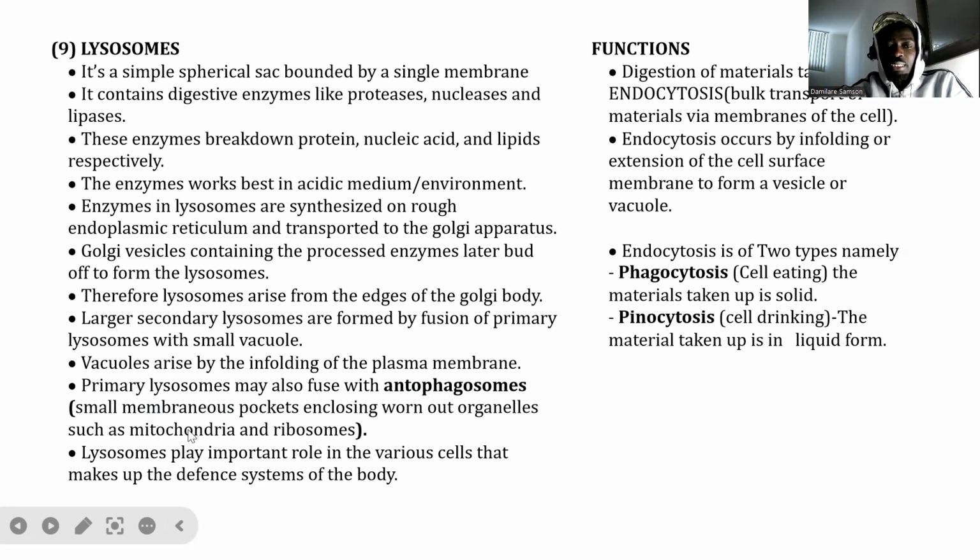Organelles that are worn out and no longer functioning, they engulf them, just like an amoeba going for its food material. Once it engulfs it, it begins to digest and break it down before it is sent out of the body. This includes worn-out organelles like the mitochondria and ribosomes.